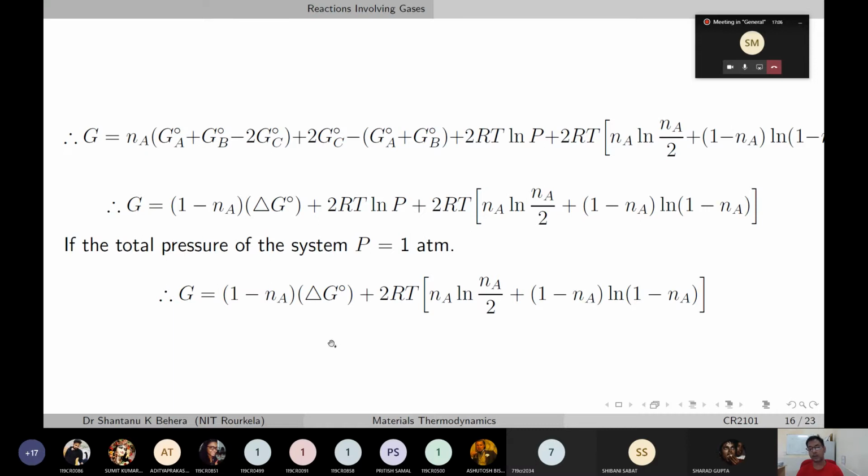The point is that this total energy is a combination of something related to the Gibbs free energy of formation of the component C, and another term which talks about the mixing of all of the gases that are available.